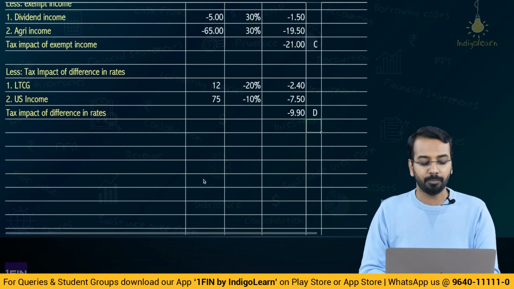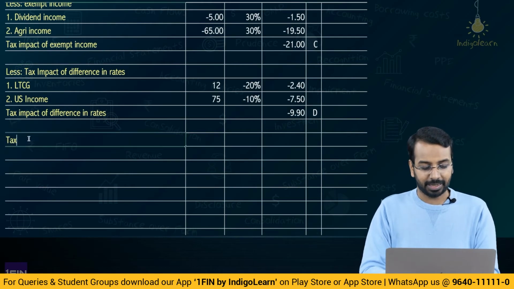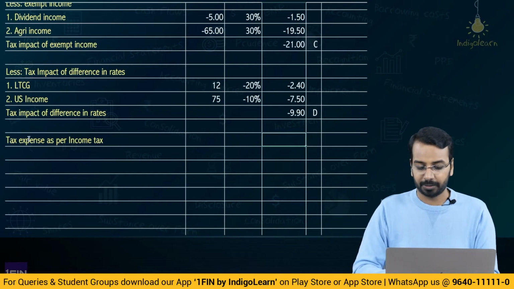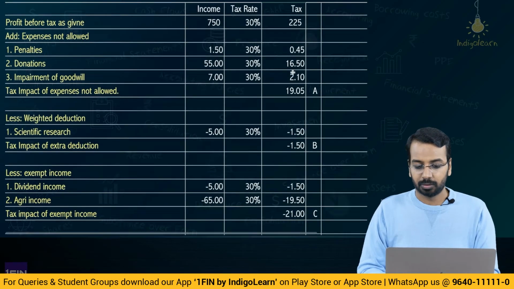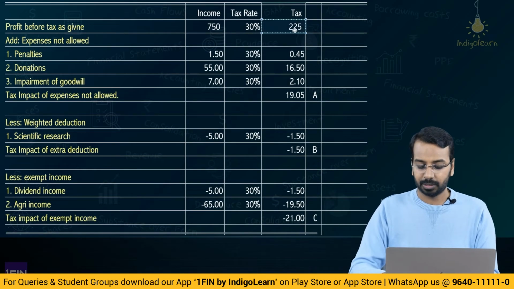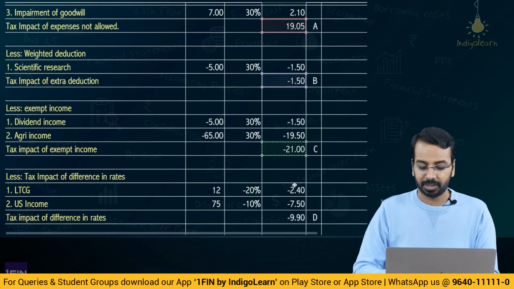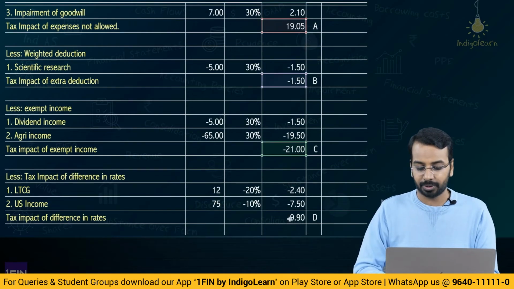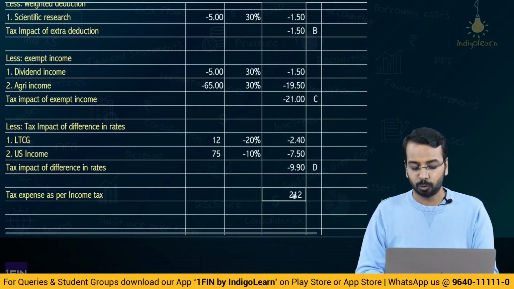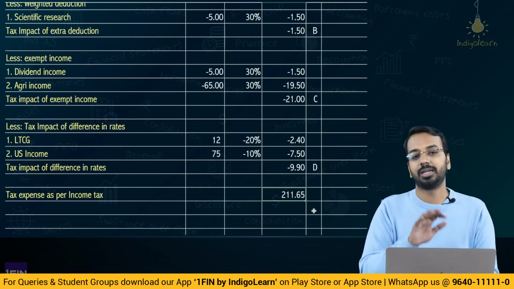This is D. So tax expense as per income tax is 225 plus 19.05 plus minus 1.5 minus 21 minus 9.9. So it comes to 211.65. This is the reconciliation.